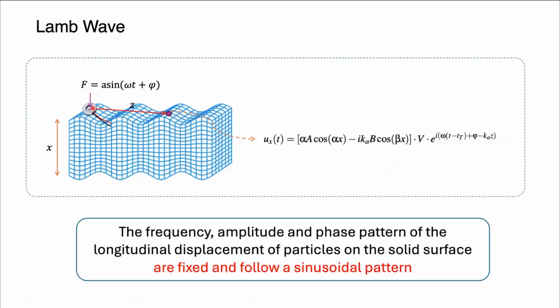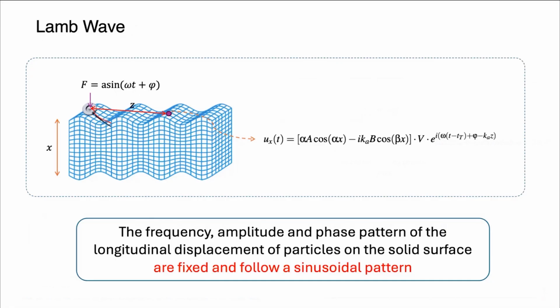The ceramic transducer emits ultrasonic vibration through the solid materials, letting the energy propagate to the location where the RTC crystal is. Assume that the ceramic transducer vibrates in sinusoidal form with a frequency of omega and initial phase phi. Given a solid material with a thickness of x, a target location with a horizontal distance of z to the transducer will experience a vertical vibration of the form u(x,t).